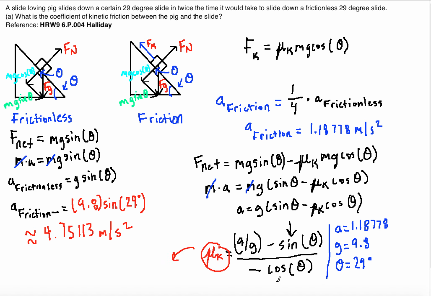Evaluating this in a calculator, we get that mu k is equal to approximately, let me just quickly do this calculation, about 0.416.